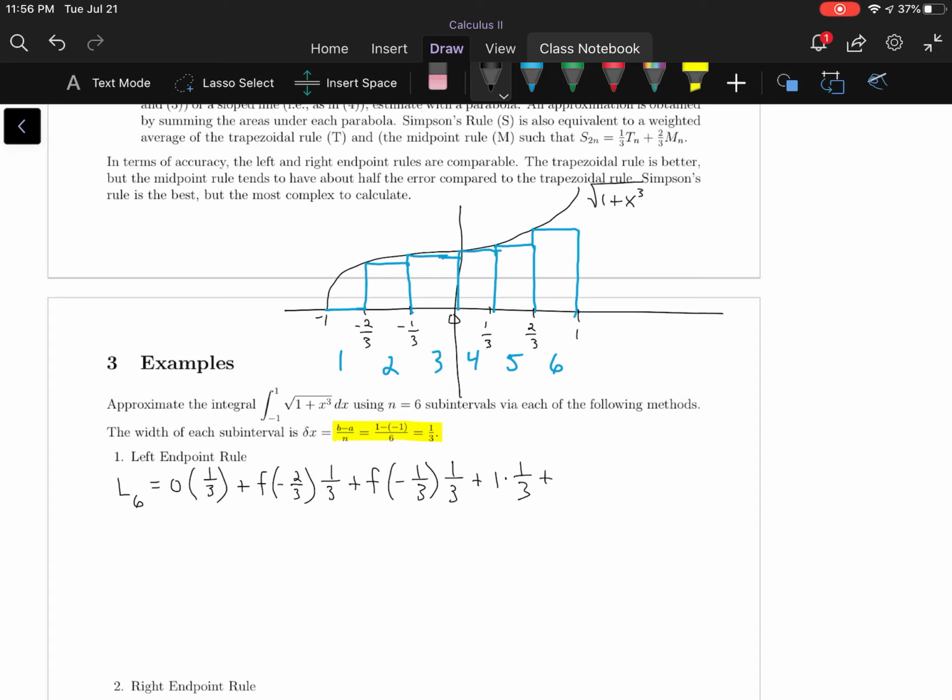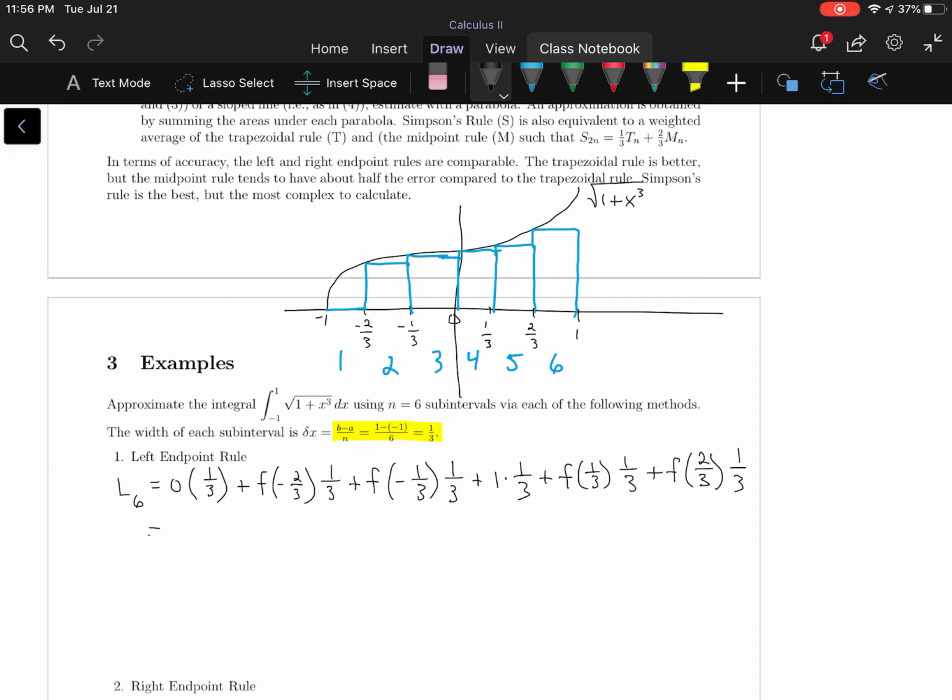And continuing on, we've got f of 1/3 times a width of 1/3, plus 1 more, which is f of 2/3, times the width of 1/3. And that is going to give you the area of the 6 rectangles for the left endpoint rule.